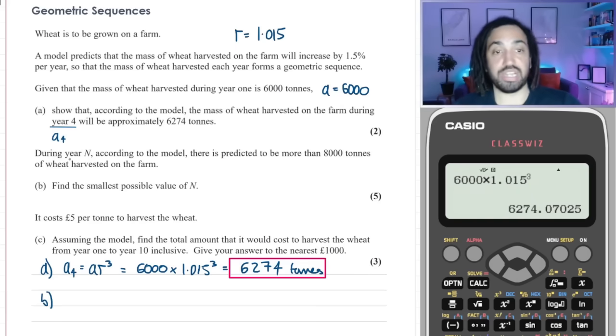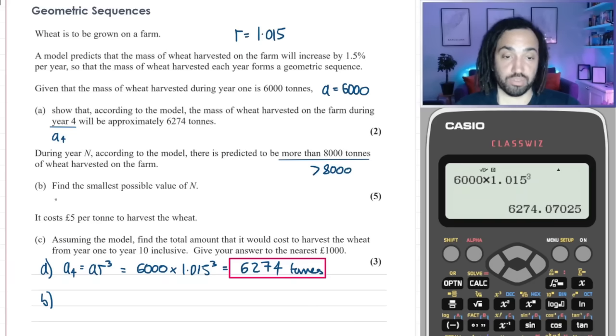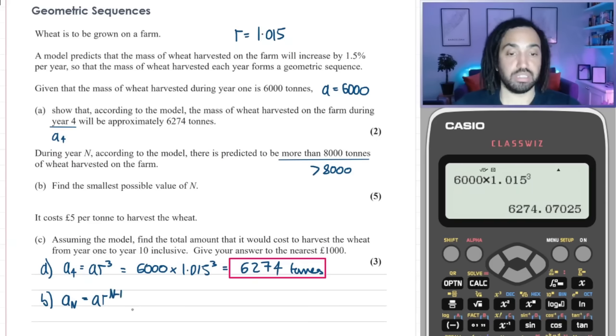It says, during year N, according to the model, there is predicted to be more than 8,000 tons, so greater than 8,000, of wheat harvested on the farm. Find the possible value of N. Okay, so a capital N is equal to ar to the power of n minus 1.